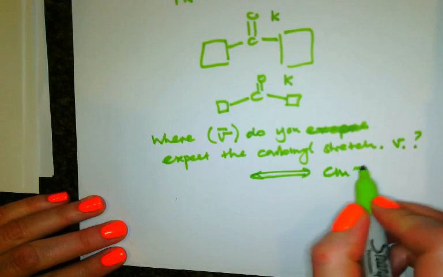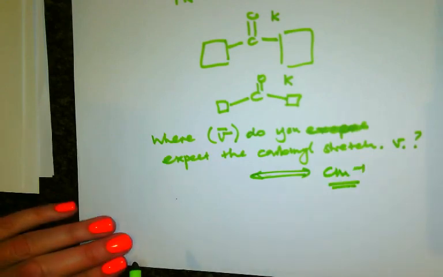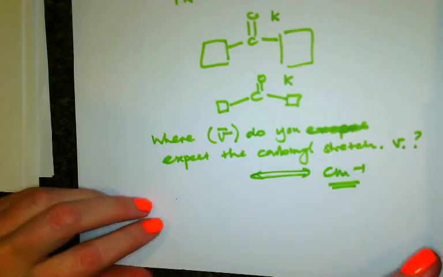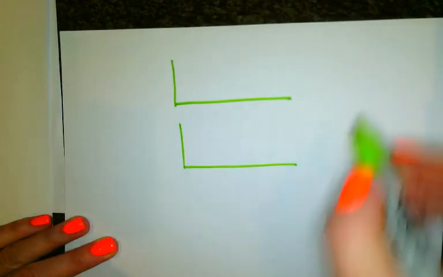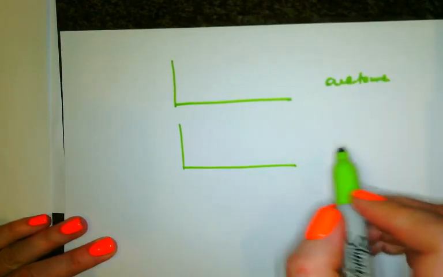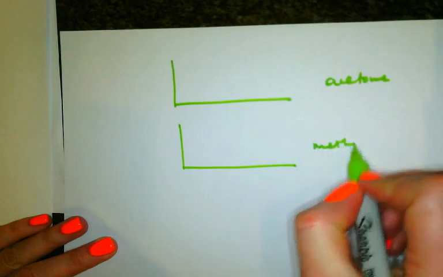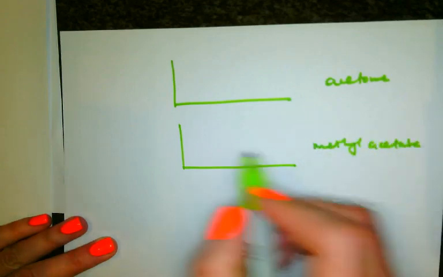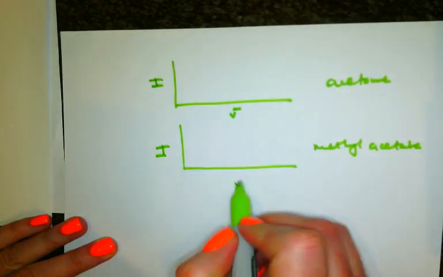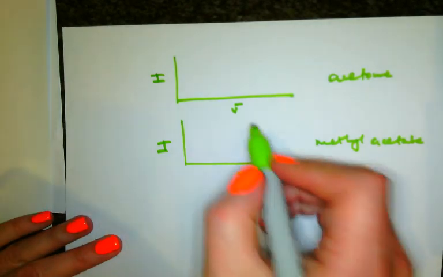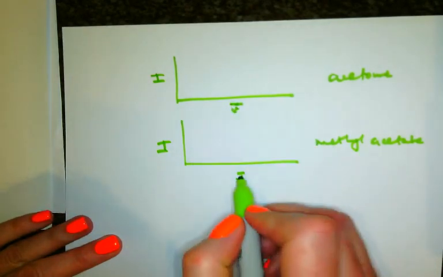Maybe try and find a value in wave numbers, because our spectrum is going to be measured in wave numbers. You're going to measure different spectra, one for each of your molecules. Let's say that is our acetone spectrum, and this is our methyl acetate spectrum. You measure intensity versus wave number, the IR spectrum of each of these compounds.